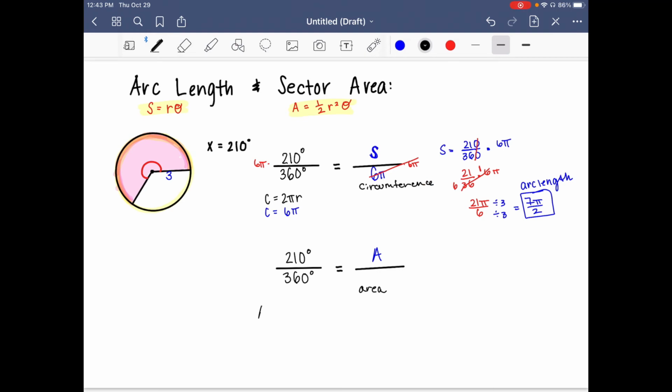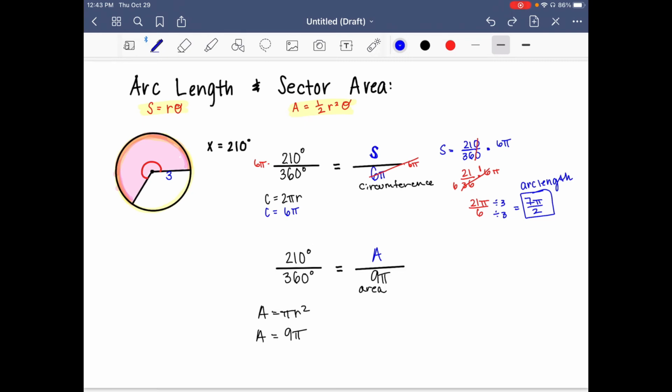My area is pi r squared. If our radius is 3, we now have 9 pi as our area. Okay, so again, if I had radians, I would just plug radians over 2 pi on the left.